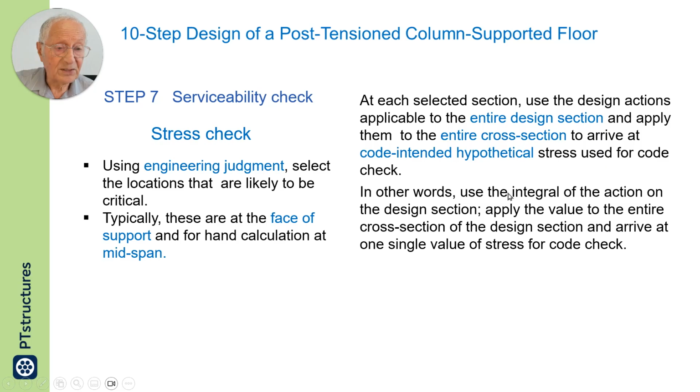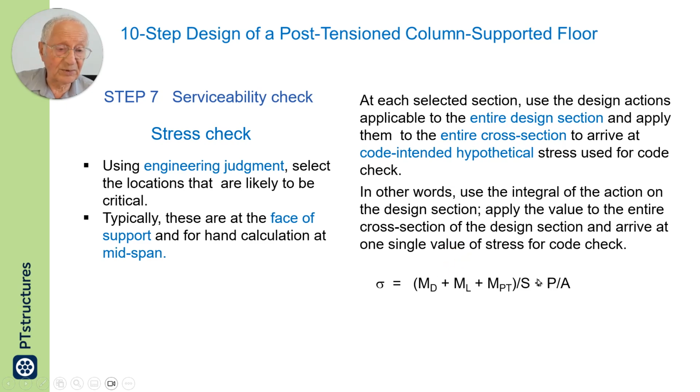In other words, use the integral of the action on the design section, apply the value to the entire cross-section of the design section, and arrive at one single value for code check.